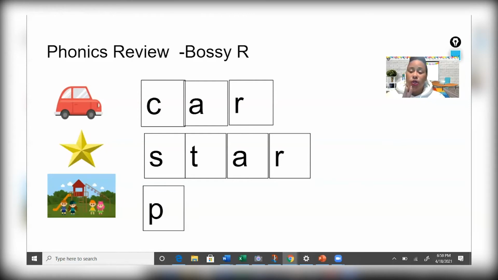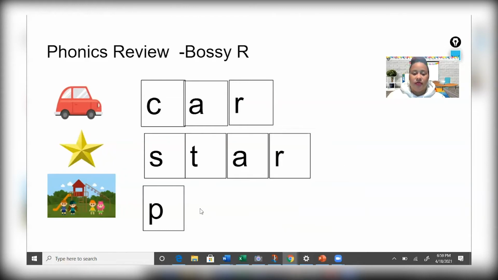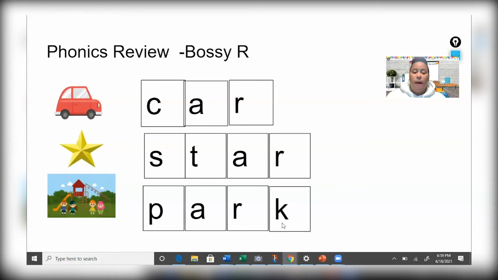Which two letters do we put together to make that R sound? It's that bossy R again. AR. The AR is making the R. And the last sound we hear is a K. And since we hear the K at the end of the word, we can figure that it is the letter K. Park.